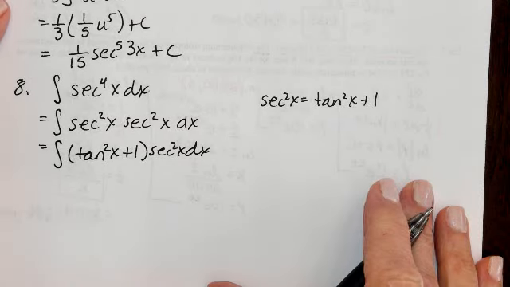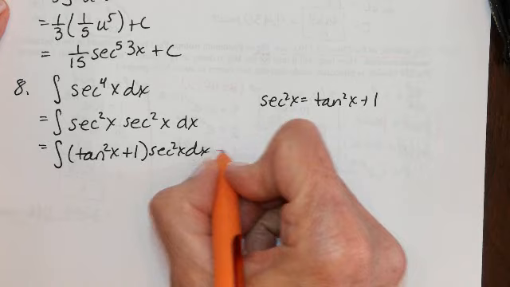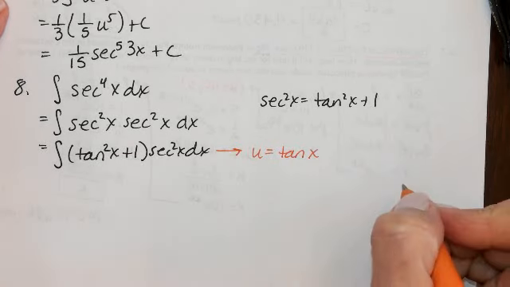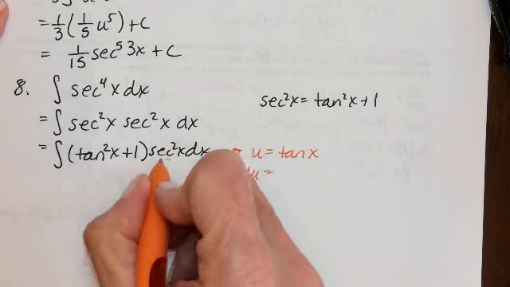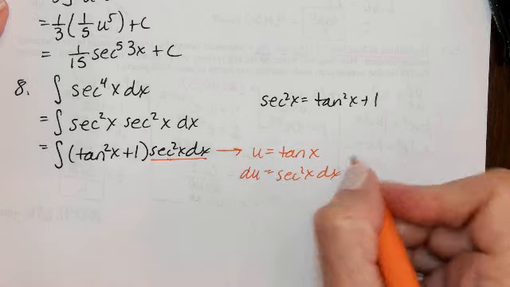Okay? Why did that help me? Because now I see it. Now, if I let u be tangent x, du is right there. See, secant squared x dx.